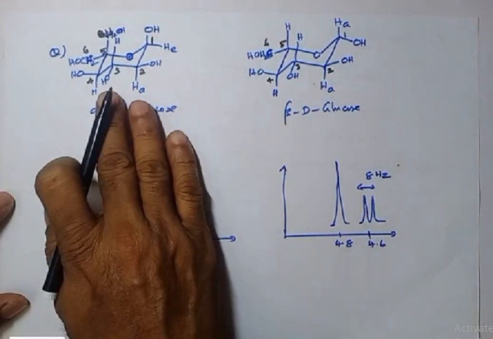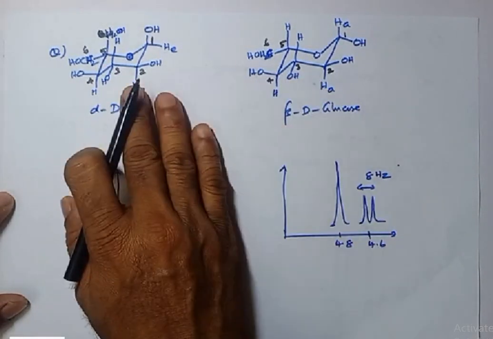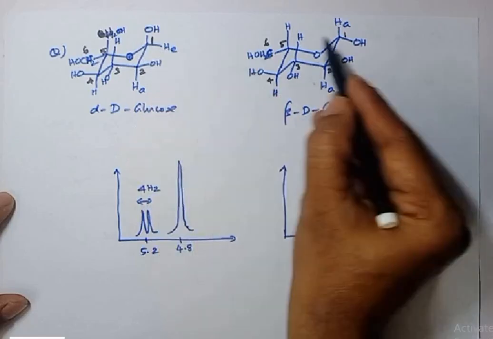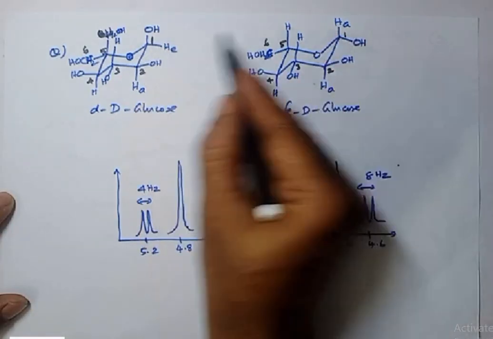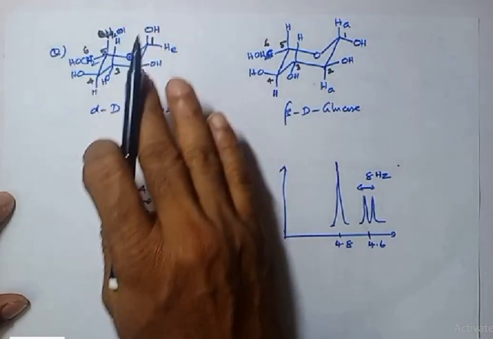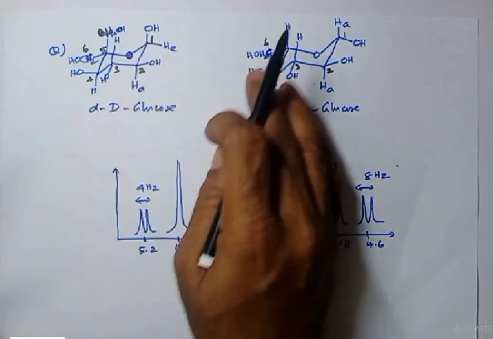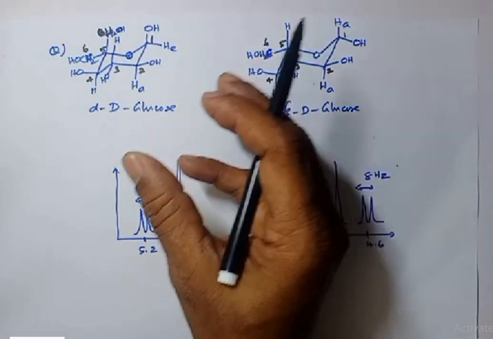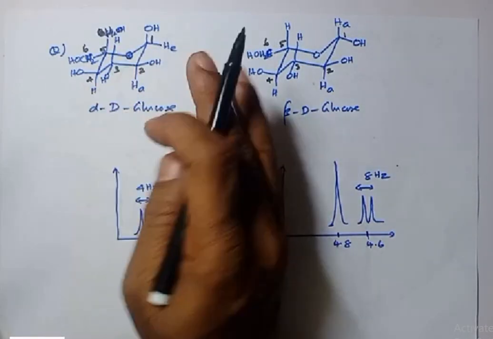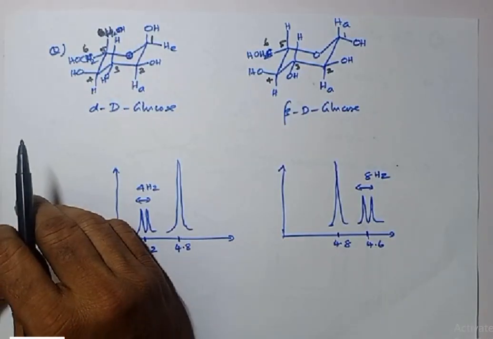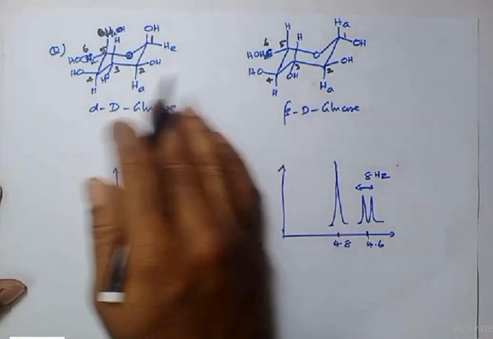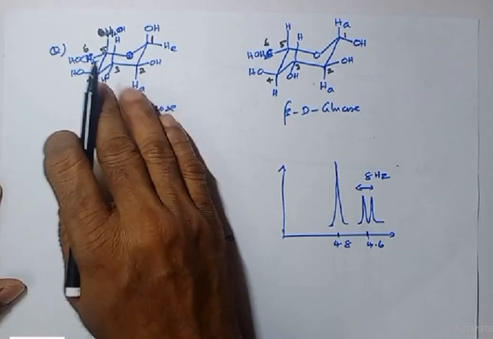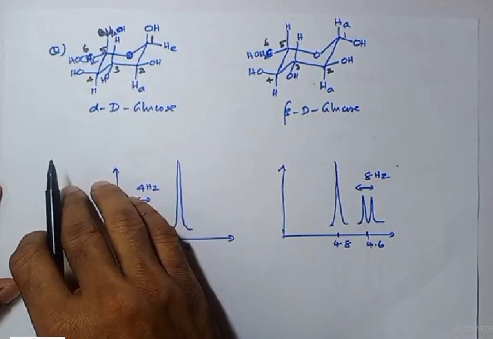Now if you compare the two structures, listen, except for carbon 1, the remaining carbons have similar groups. All OH groups are in equatorial position and hydrogens are in axial position.